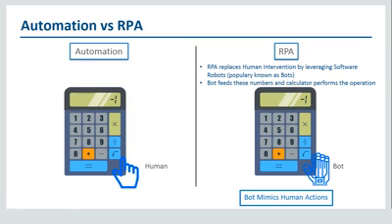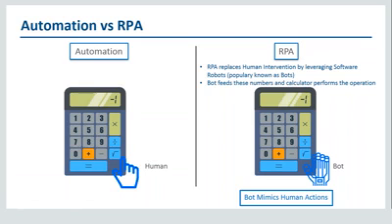For example, we still needed a human to operate the calculator. But RPA just mimics the human. It is not changing the underlying technology, right? So for me, the calculator was an automation process, but RPA was just mimicking the human actions to use the calculator. And this is the basic difference between automation and RPA.